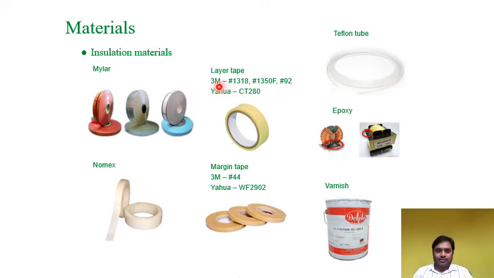Then the layer tape, basically from 3M, like 1318, 1350F, 92, and then Yahua. Then this is the Teflon tube which is used to separate the tunnels, so winding tunnel, internal, and then the epoxy. Sometimes we use the epoxy also in some of the components, and then the Nomex tape which is used for isolation, and then the margin tape which we use on the side to achieve the creepage and clearance distance, and this is the varnish dot.